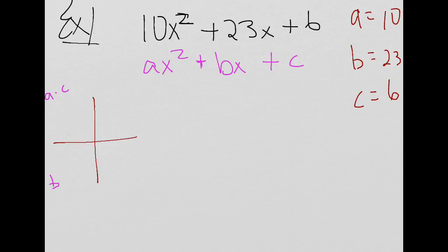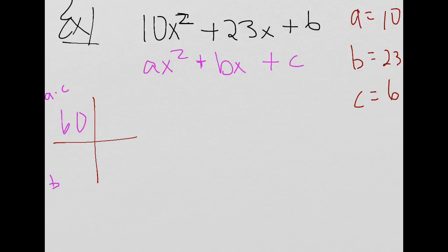That's just a way to keep my thoughts organized, and to remind you of the 4 things that you need to have to factor. The a times c part is a little different than what you've been taught. So we multiply a times c together, and that gives me 60.